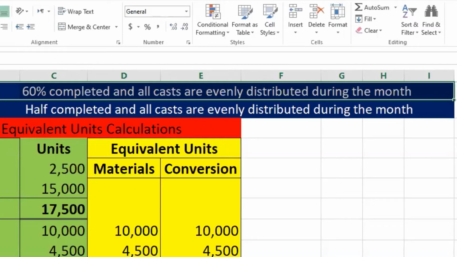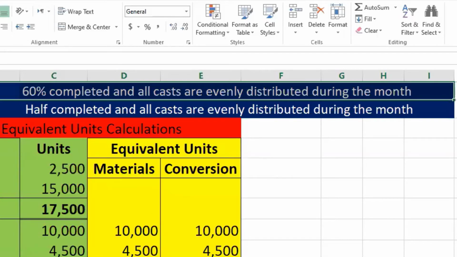If we are using the first in first out method, then this information will be used in the calculation of equivalent units, and we will learn this when we discuss the first in first out method.